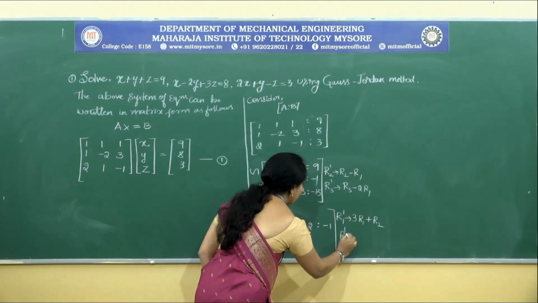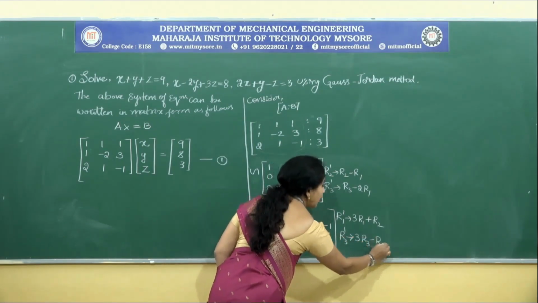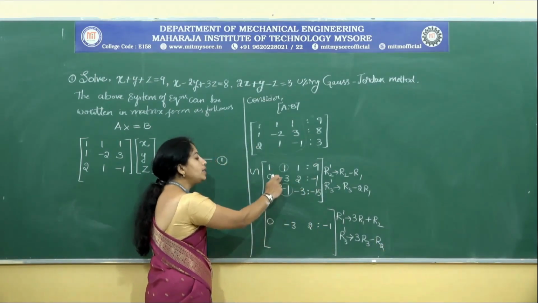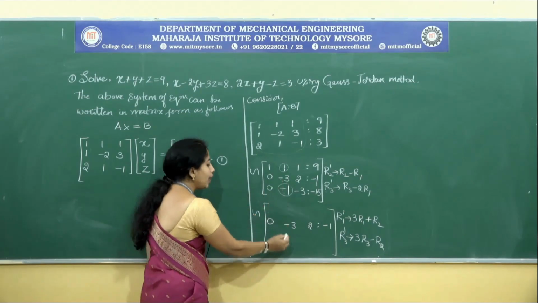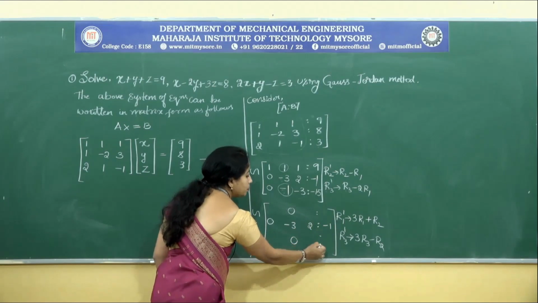R3 dash equals 3 times R3 minus R2, that is 3 into minus 1 is minus 3, minus of minus 3 will be plus 3, the value will be 0. Now these two values are zeros.